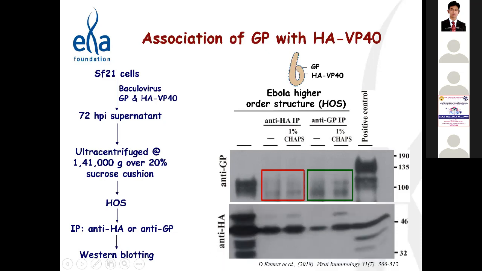Here you can see that the bands visible in the green box indicate that the anti-HA antibody detected an HA-tagged protein, which corresponds to the size of HA-VP40.